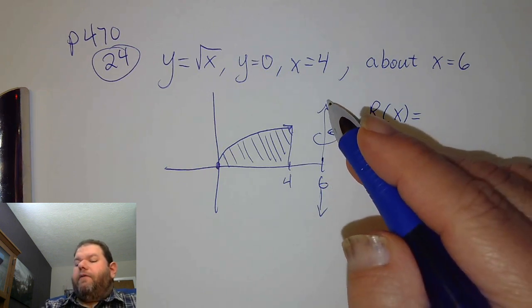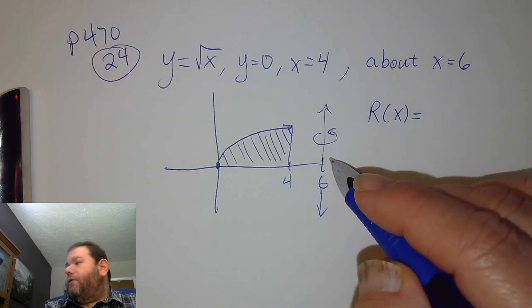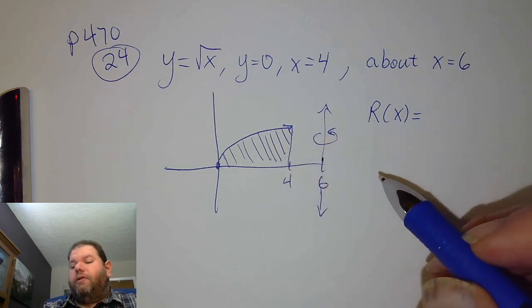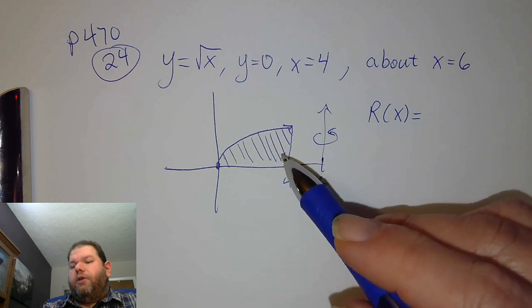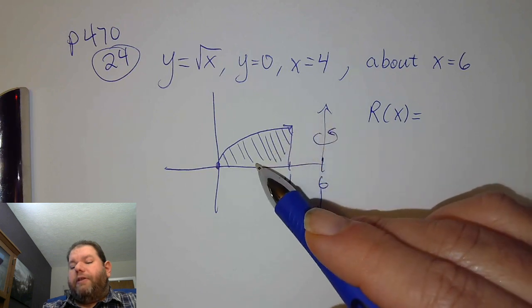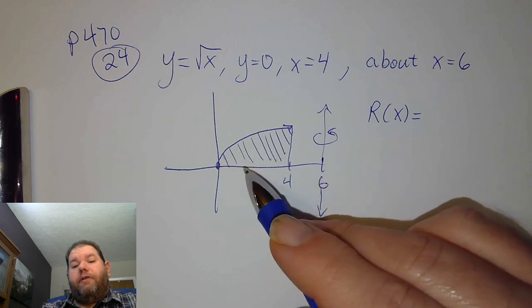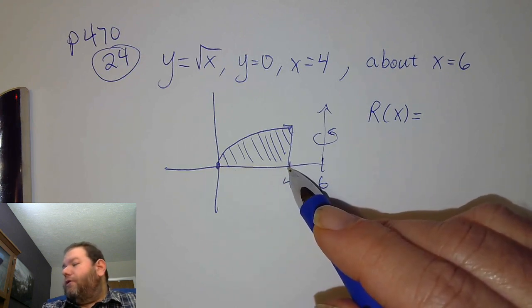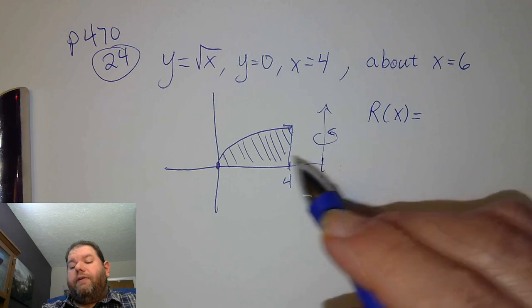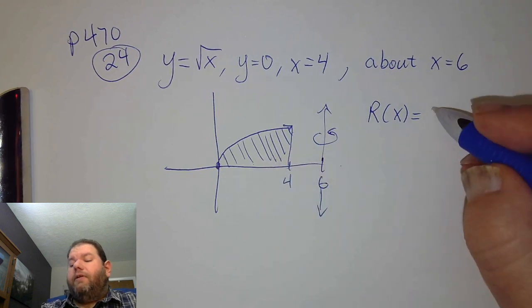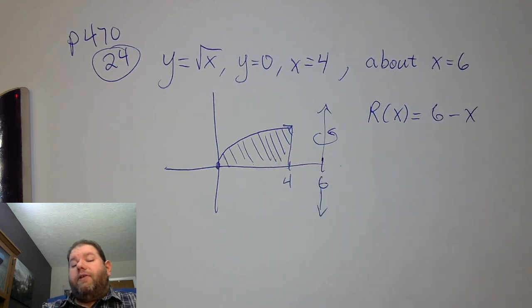So again, we have our axis to the right of our shaded region, and we said the rule is whatever's on the right, we subtract the left. Now the shaded region itself represents all the different x values that we use here. So if we take our axis minus x, we'll use 6 minus x as our radius.